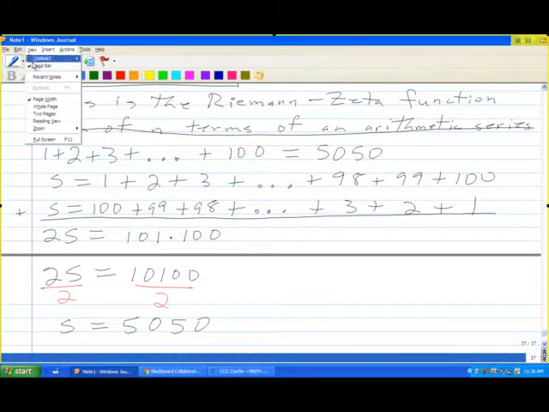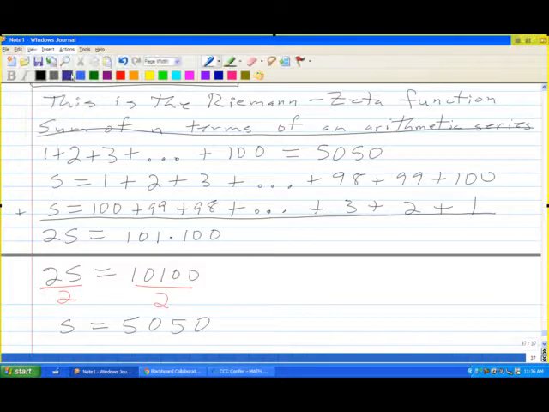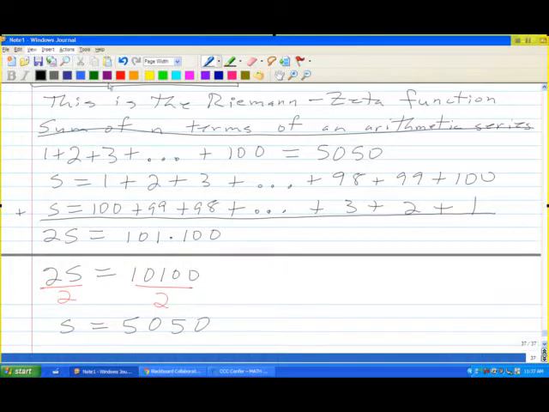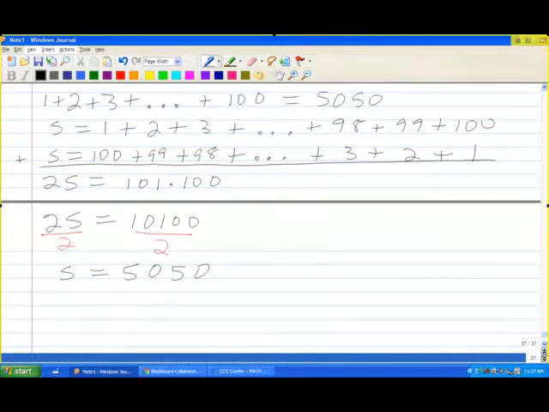And that is how Carl Friedrich Gauss determined what that sum is. Of course, being 10 years old, he had nothing to do over the weekend, so he basically did all that we're doing in chapter 15 over the weekend.